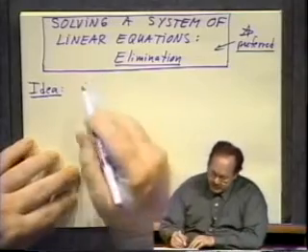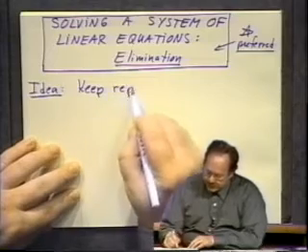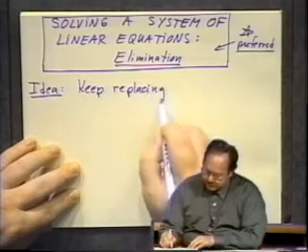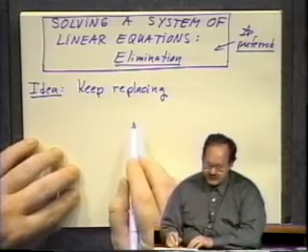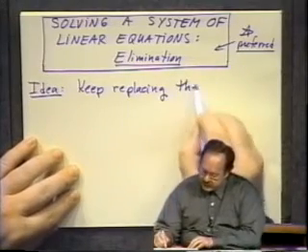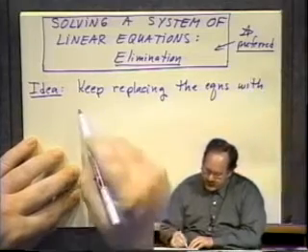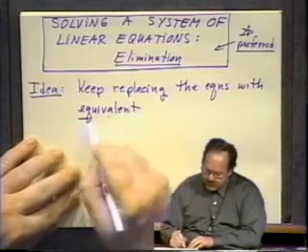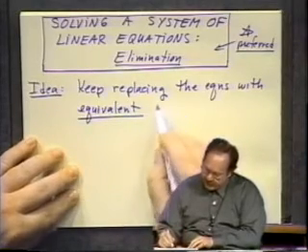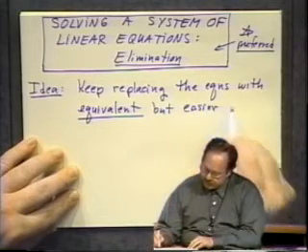Here's what we're going to do here. We're going to keep replacing, and we'll have to decide how to do that without changing the set of solutions, of course. Keep replacing the equations with equivalent but easier equations.